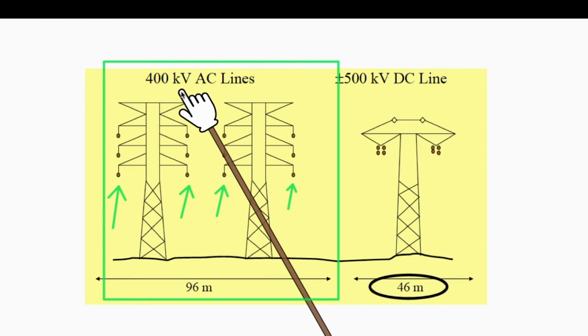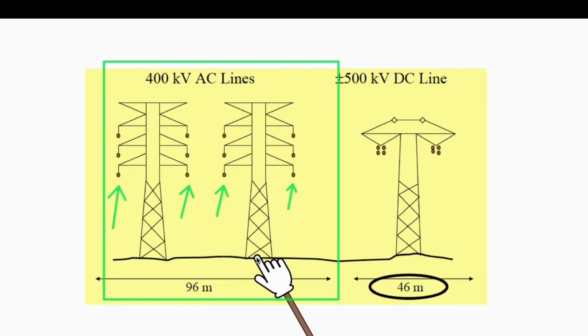And naturally when you install 2 sets of towers, you can see the amount of space required: 96 meters, nearly 300 feet. A huge space is required for installing the towers for this kind of line configuration.